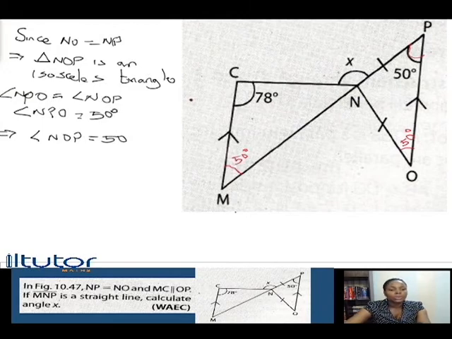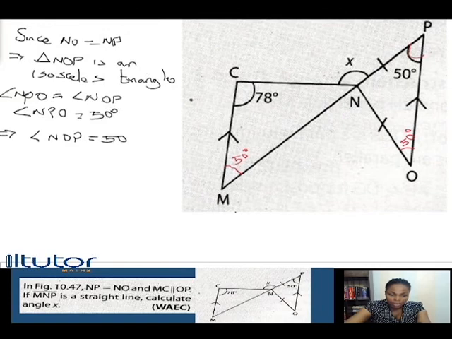There's another theorem on triangles: the sum of two opposite interior angles is equal to the exterior angle.